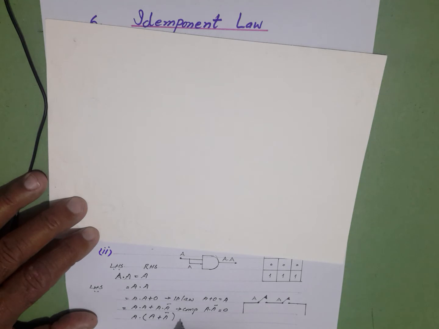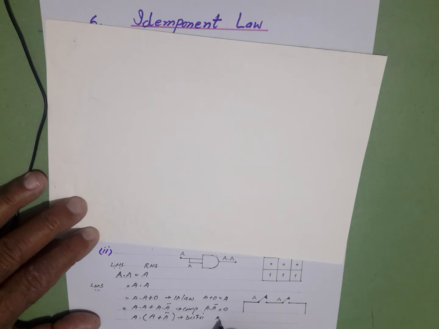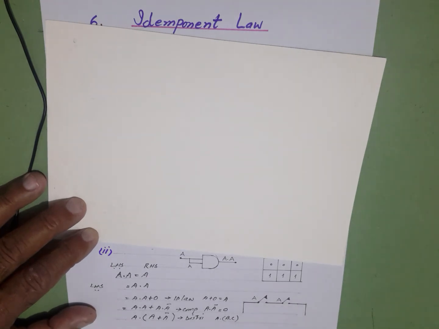This is the distributive law. And the distributive law says A, B, C.